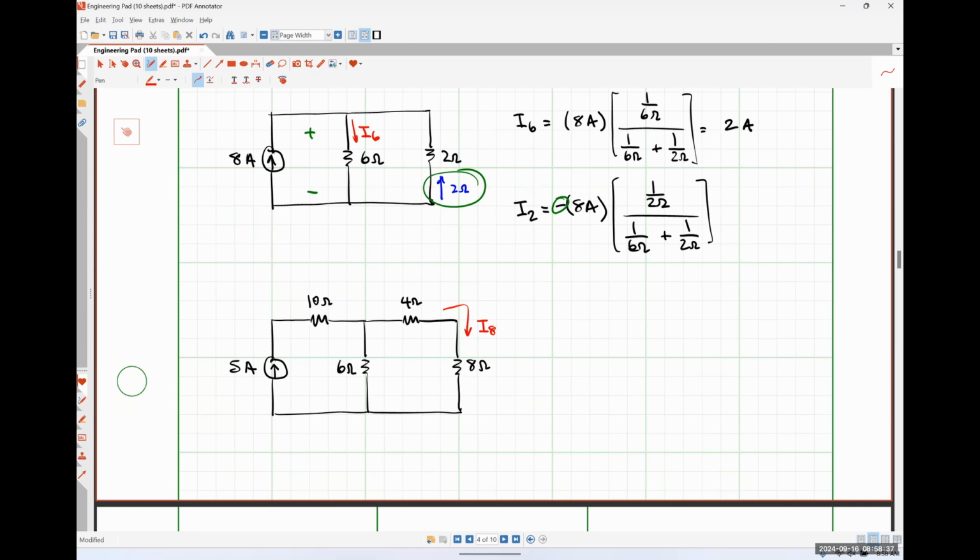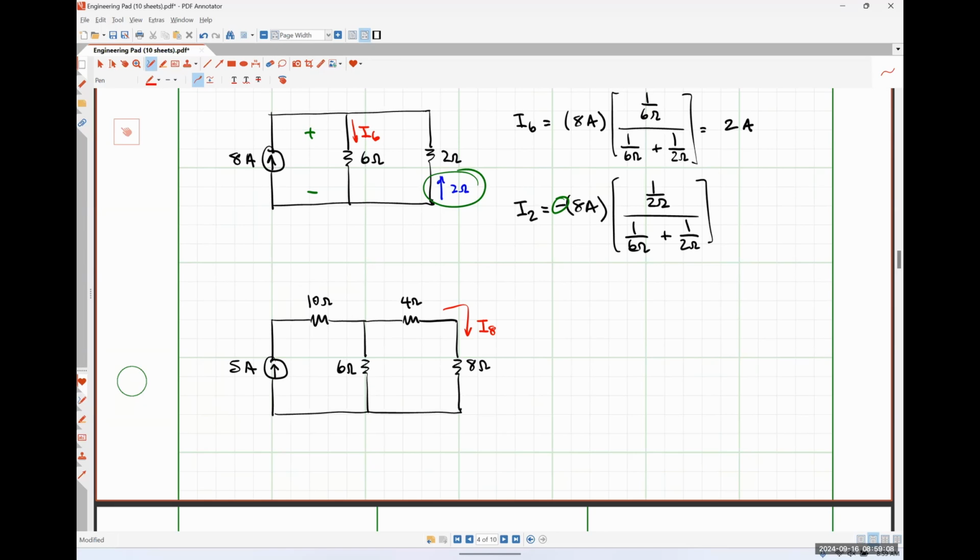So I want us to look at this really quickly, okay? The way that I derived current division a few minutes ago, we had a current source or some known current flowing into a network that contained only resistors connected in parallel. If you look at this network, there are 4 resistors and none of them are connected in parallel, but we can still actually wind up using current division.